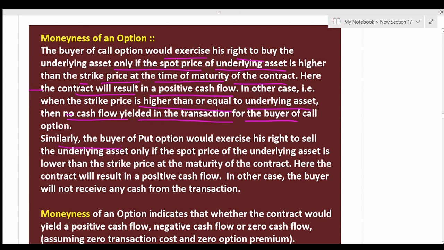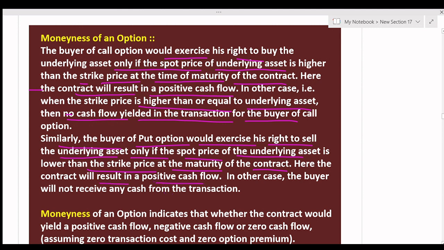Similarly, the buyer of a put option would exercise his right to sell the underlying asset only if the spot price of the underlying asset is lower than the strike price at the maturity of the contract. Here, the contract will result in a positive cash flow.